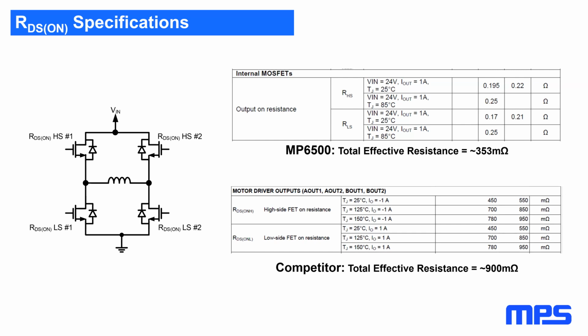Two parts are shown here. This shows the typical path resistance of 350 milliohms for the MP6500 and 900 milliohms for this competitor part. Note that those are at 25 degrees C, room temperature.